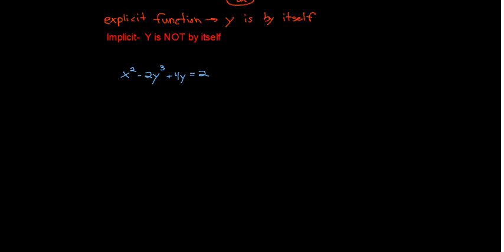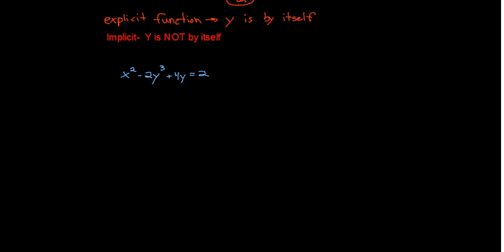We have an example of an implicit function right here, and we want to take the derivative of it. We eventually want to get down to the derivative of y with respect to x equals. We want to know what is y prime. So, in order to do that, just like we did before, we're going to take the derivative of both sides.